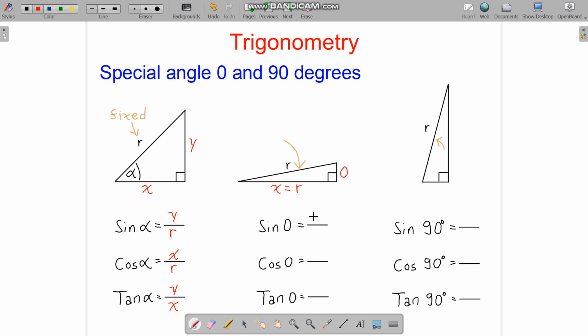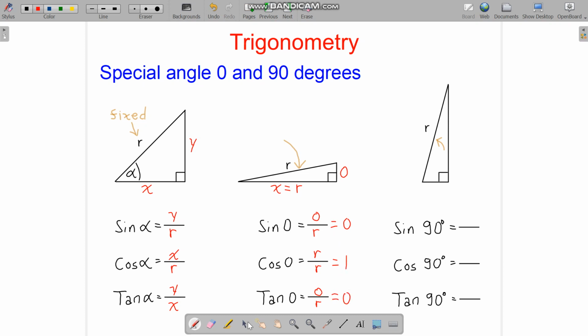So the sine becomes 0 over r. The cos is x over r, so r over r. The tangent is opposite, which is 0, over adjacent, which is x or r. So sine 0 degrees is 0, cos is 1, and tangent is 0.